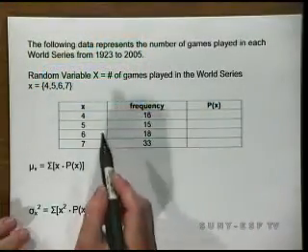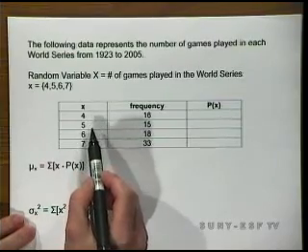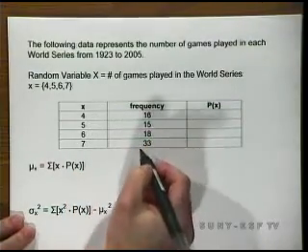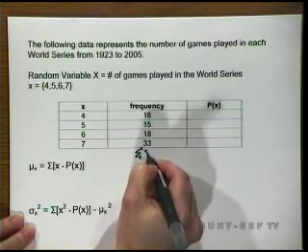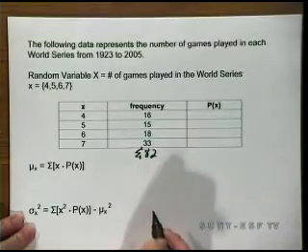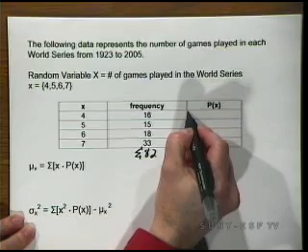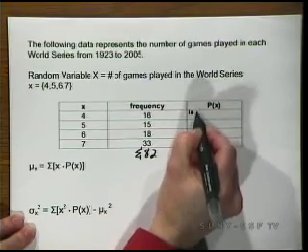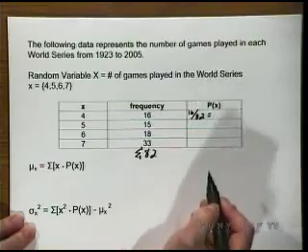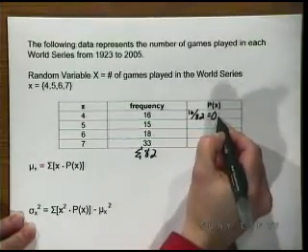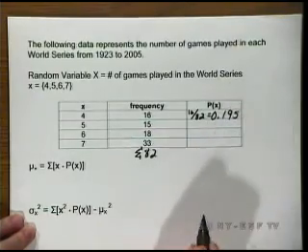For the discrete value of 4, we're going to use the sum of all of our frequencies, which in this case totals up to 82. We're going to compute the probability by finding the relative frequency. 16 divided by 82 is going to equal 0.195.